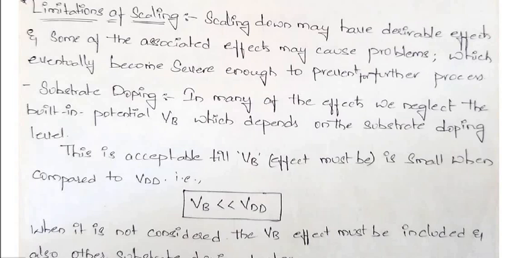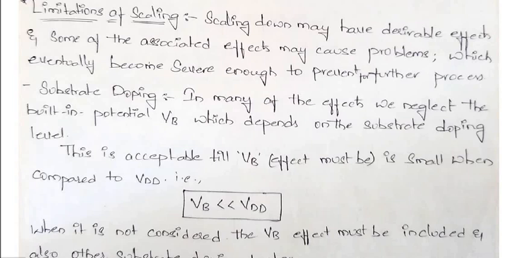When we have these characteristics and modeling, some potential problems will occur because of scaling. We have scaled down depending upon the gate count, the size, the power and the frequency, everything. But due to this scaling down, there will be some desirable effects and some associated effects which may have problems, and these eventually become severe problems that cannot be processed further.